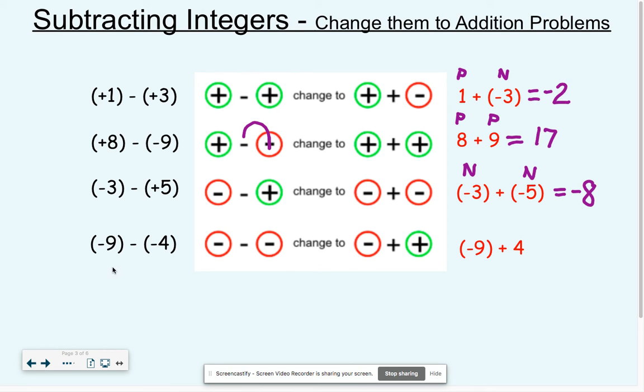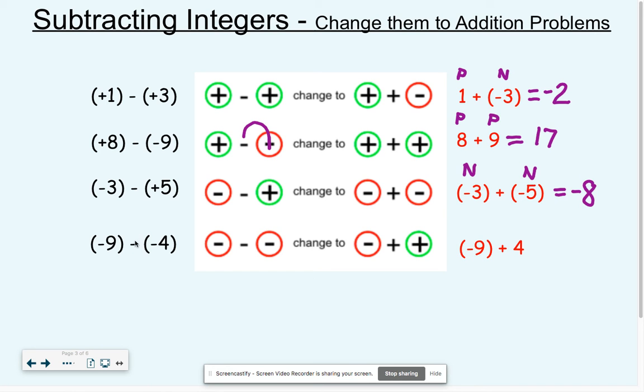In our last case, we have a negative number minus a negative number. We keep our first number always the same. In each of these cases, the first number never changed. It's the second number that changes.